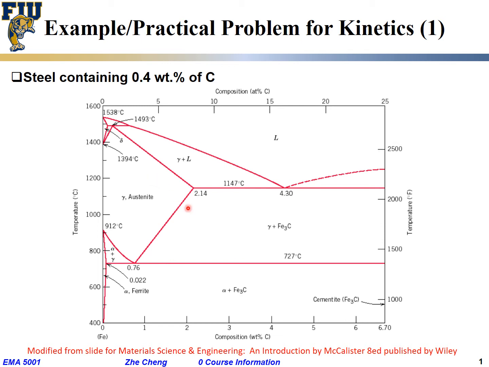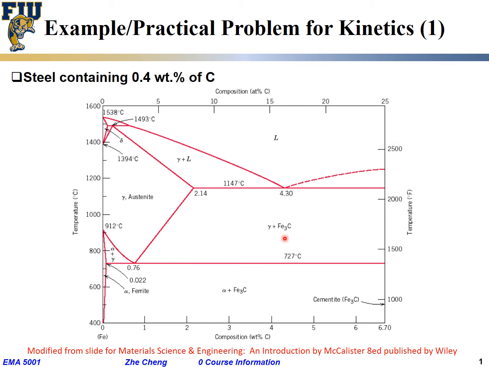Okay, what about here? That's a plus sign, gamma plus what? Fe3C, right? That means this is one phase or two phase? Two phase region. One phase is what we call gamma phase.